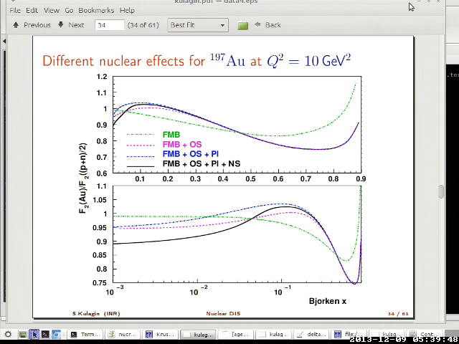Then the major correction comes after we include the off-shell correction, denoted as OS, or off-shell. And then in the small x region, we have the competition between the pion correction and nuclear shadowing correction. This is drawn for gold at Q square 10.